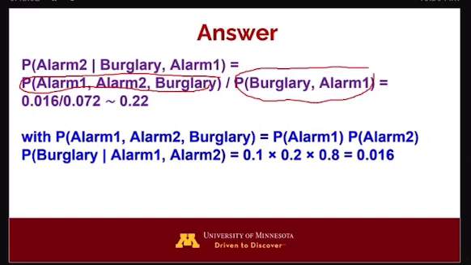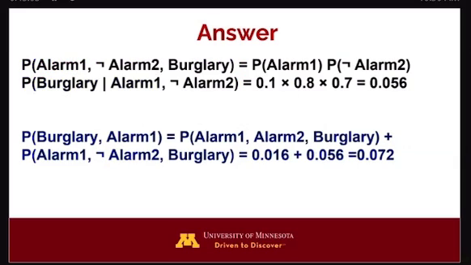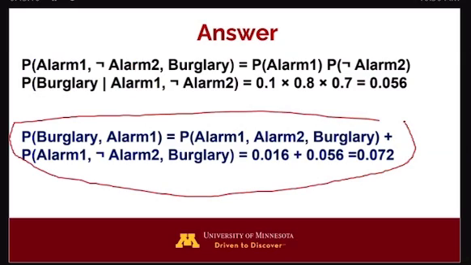Which is what you're going to see here. That's what I'm saying here. Probability of burglary, comma, alarm 1 is going to be probability of alarm 1, alarm 2, burglary. Then in the other one, alarm 2 complement, burglary. You just plug that in.